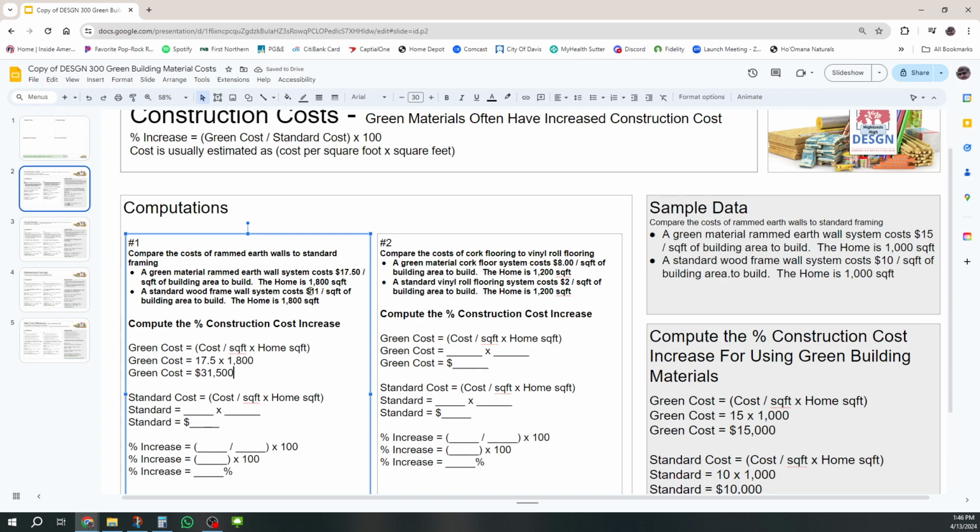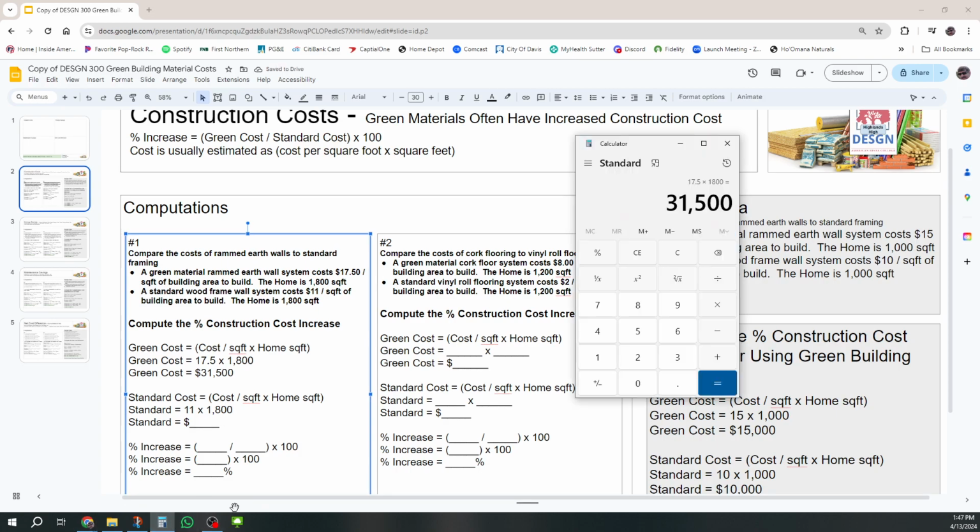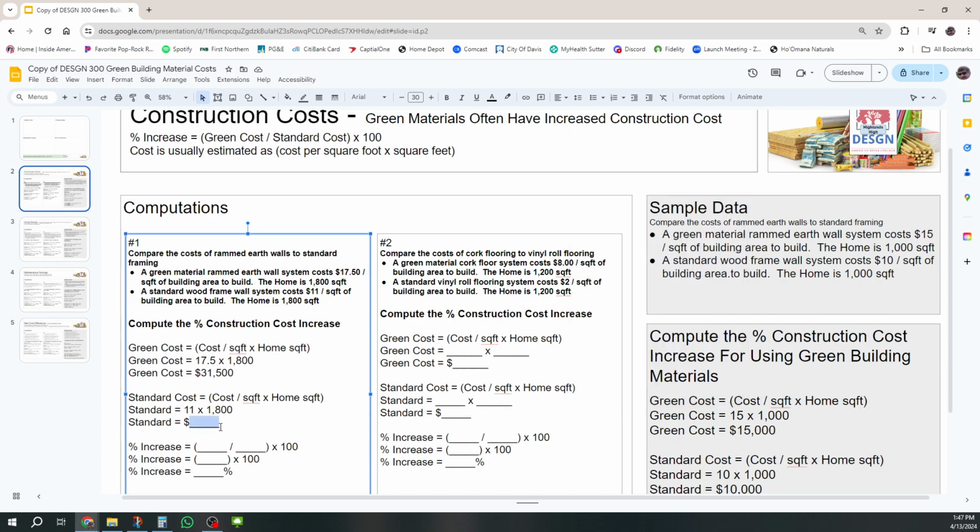Okay, and then my standard, in this case, I have my estimate, and it's $11 per square feet. And notice I'm getting rid of all that blank. $11 times 1,800 again. I got to get my calculator out. 11 times 1,800, 19,800. Pretty significant cost difference.